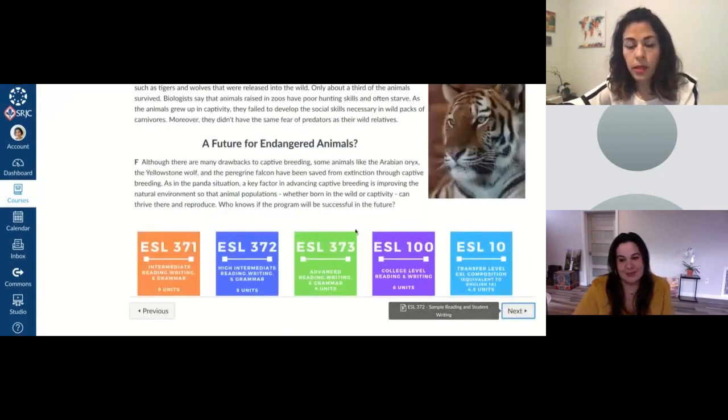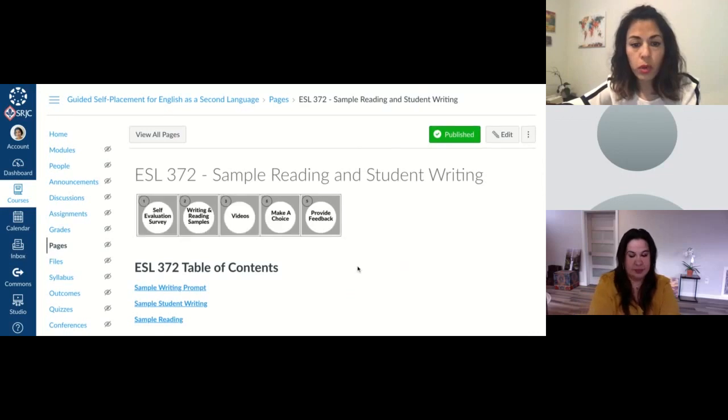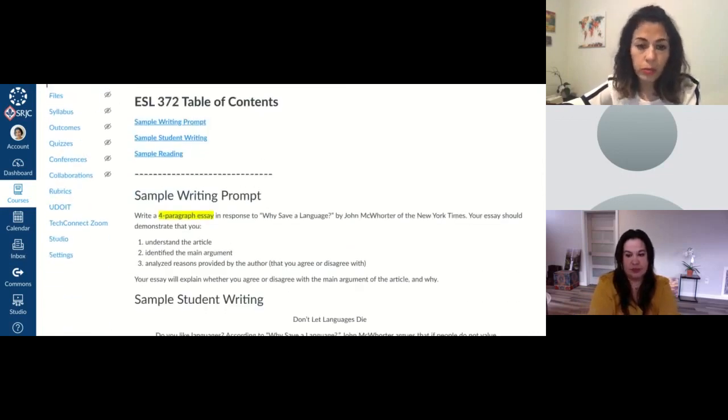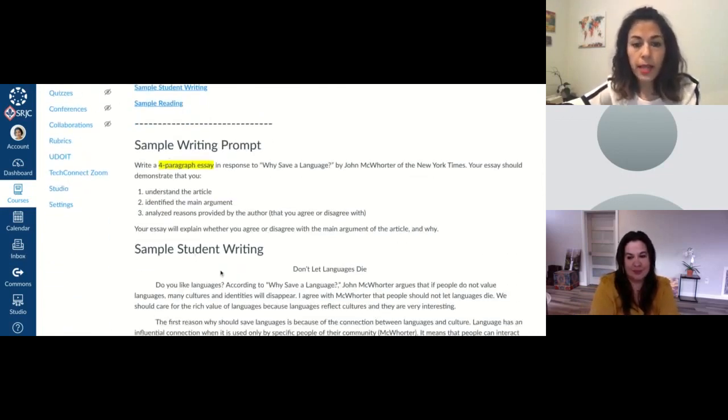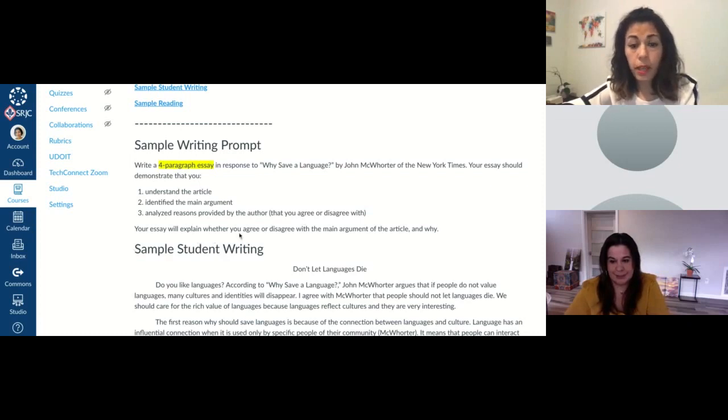And then the next page would show a sample prompt, sample student writing, and sample reading for ESL 372. So in ESL 372, the prompt would be write a 4-paragraph essay in response to Why Save a Language by John McWhorter, and then understand the article, identify the main argument, analyze reasons provided by the author, agree or disagree with the main arguments of the author article.